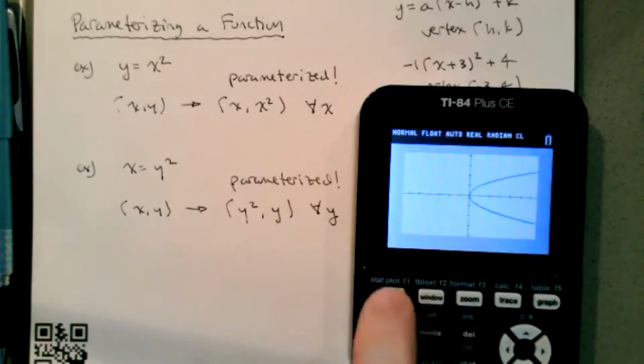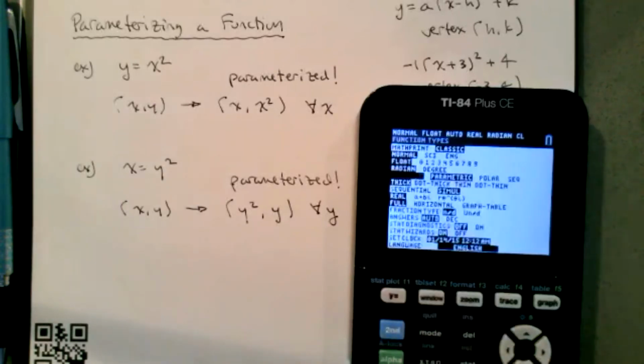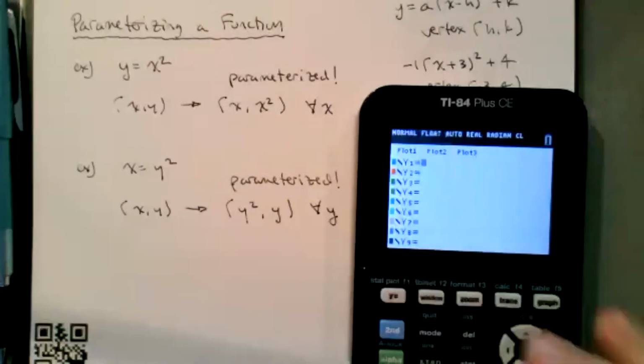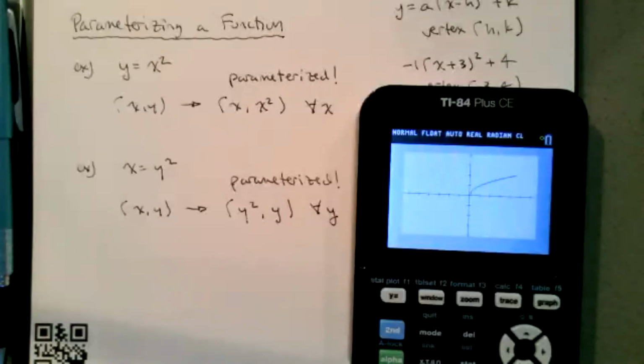This is useful because if I'm stuck in function mode, I'm very limited. In function mode, I have to write y equals. So I'd have to try to turn this into a function. Y is a function of x, and I would have to say the square root of x, but that is only going to get me half of the parabola.